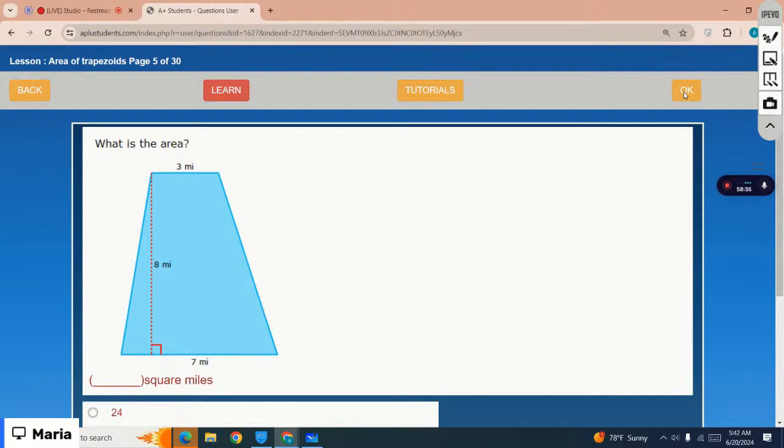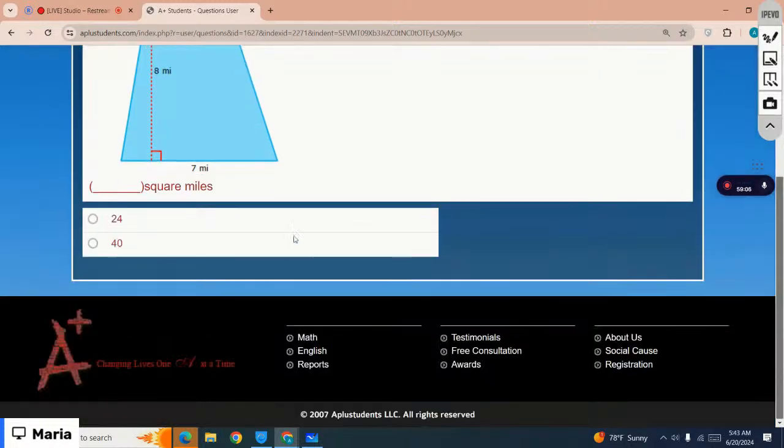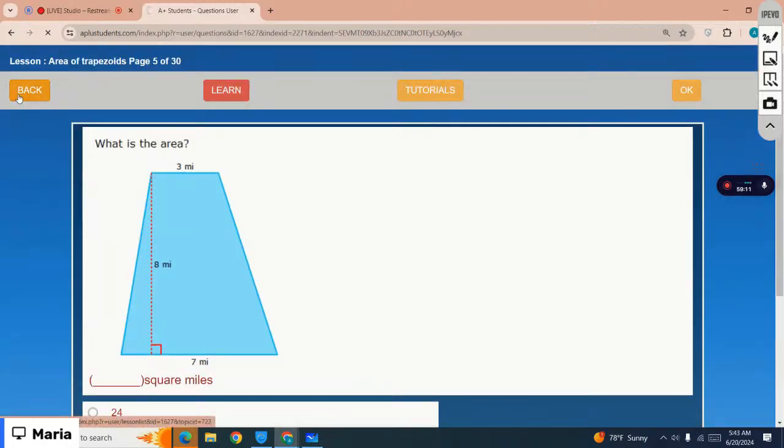What is the area? Which is the correct option? The correct option is 40 it is. Okay, you can complete the lesson by yourself later today.